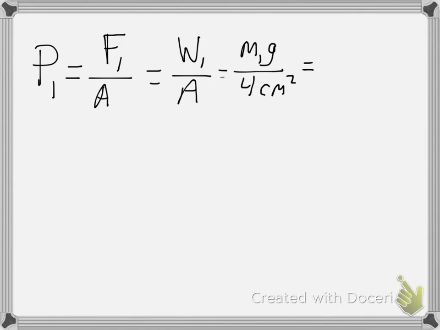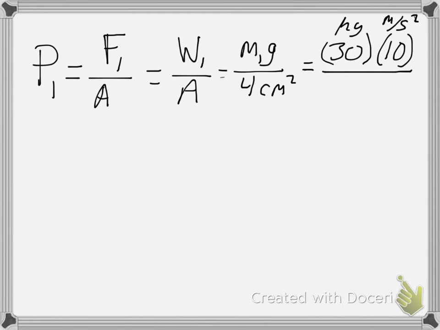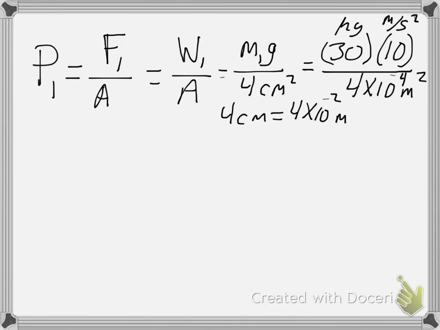So this is going to be 30 times 10, and this is kilograms, and this is meters per second squared, over 4 square centimeters, or 4 times 10 to the negative 4 meters squared. The reason is 4 centimeters is equal to 4 times 10 to the negative 2 meters.